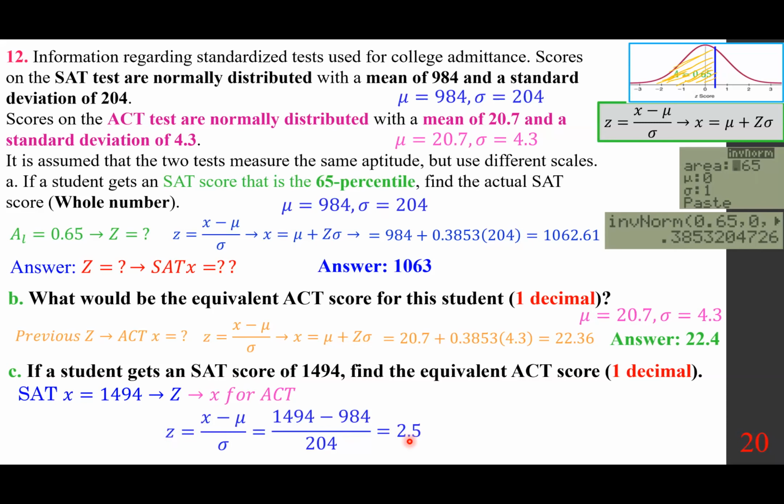So we need the same Z score for ACT, and we use this formula. X is mu plus Z sigma for this one. So use mu and sigma from here, and use the Z score from here. So X is 20.7 mu plus 2.5 times 4.3 equals 31.45, and again with 1 decimal the 4 changes to 5.